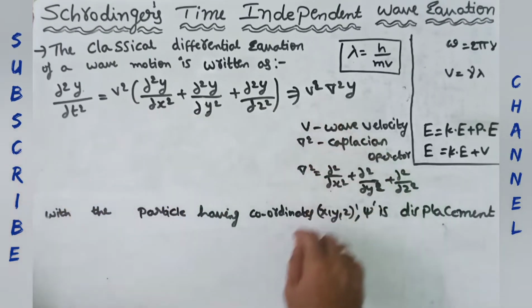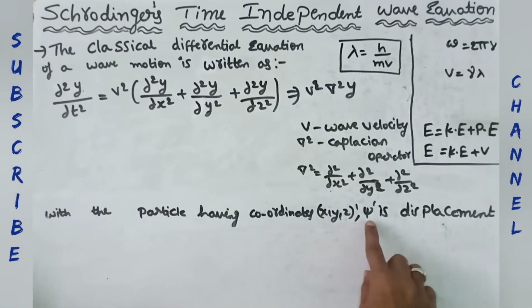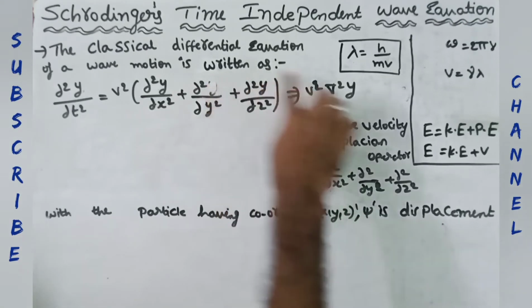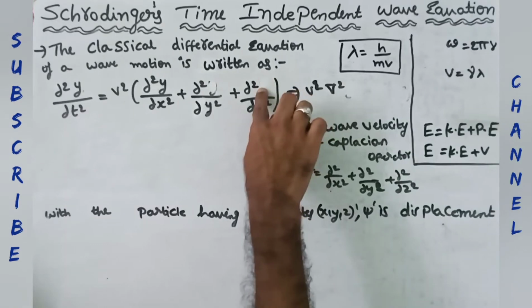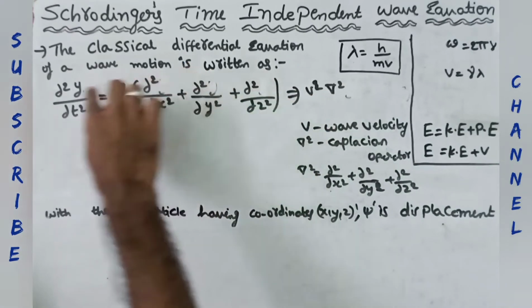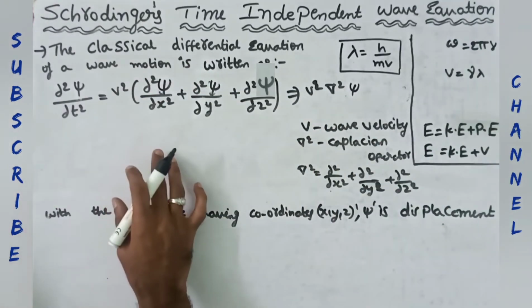Here the displacement is y, but in the de Broglie wave equation psi is the displacement. So in place of y we have to replace psi and write the equation. This is our required classical differential equation.